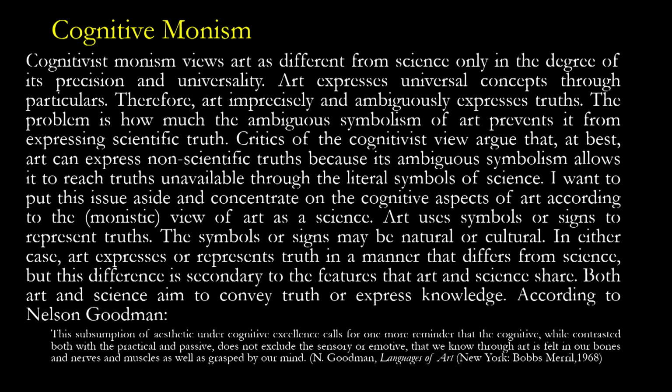Because art tries to explain universal concepts through particulars, through examples, it might appear to be imprecise or ambiguous while expressing truth. The problem is how much the ambiguous symbolism of art prevents it from expressing scientific truth.